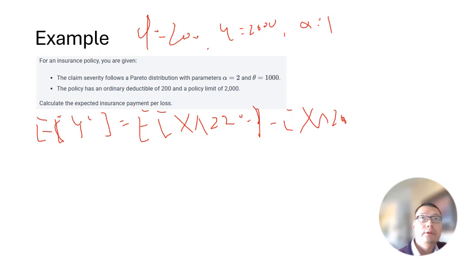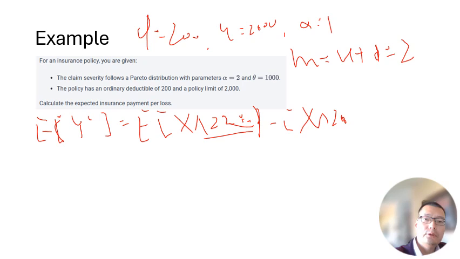Earlier we talked about this M. According to the previous formula, M is U plus D. So the maximum covered loss M will be 2200. This is where 2200 comes from. And once we decided this, then the rest is easy.